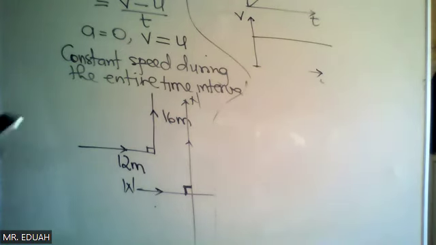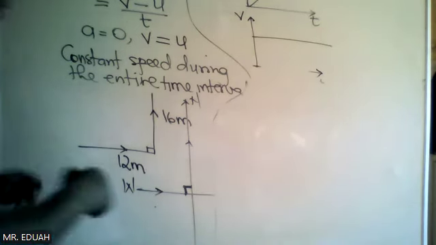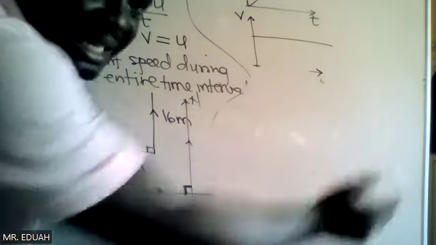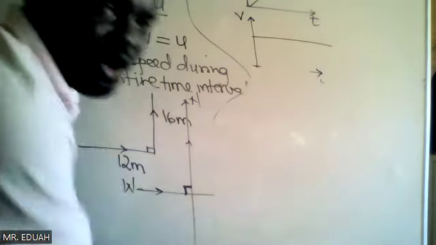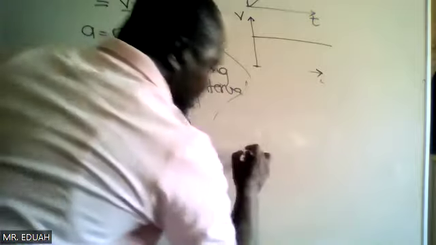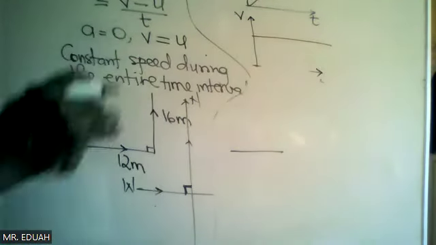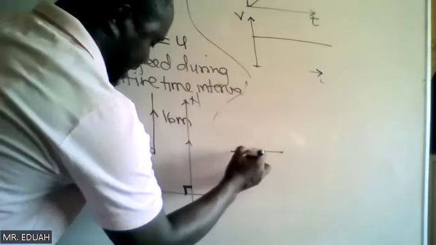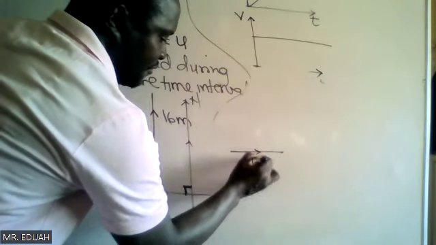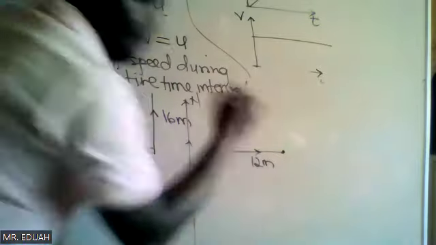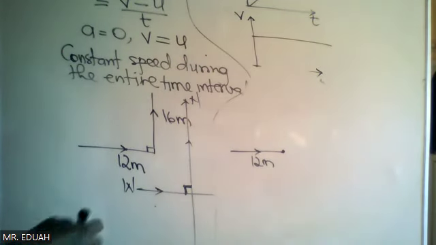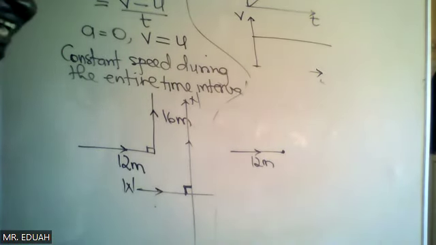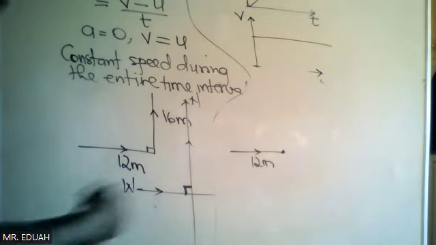What I'm saying is that if the two displacements were acting along the same plane, either the horizontal plane or the vertical plane, solving this is addition. So a body moves 12 meters horizontally, and then from there it also moves another 16 meters horizontally, meaning the same direction.